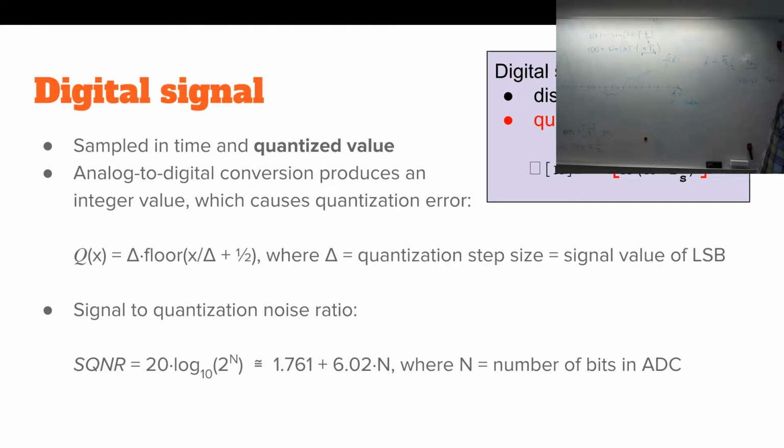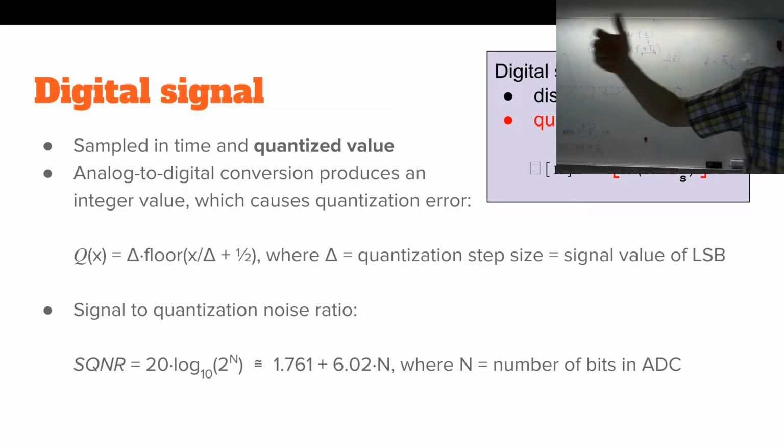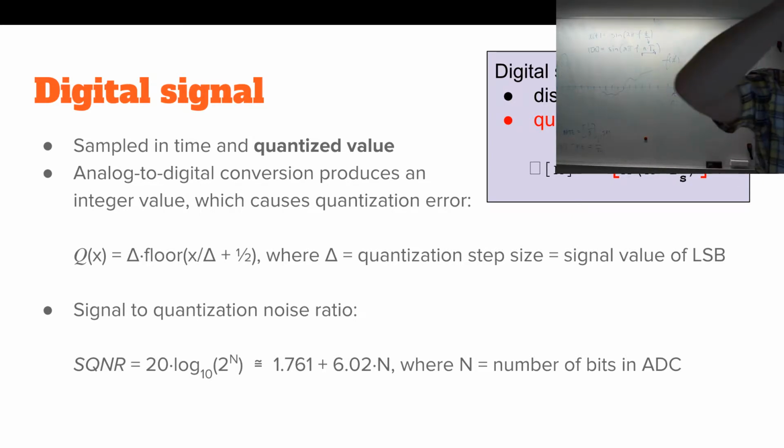It's uniformly distributed noise. It's not Gaussian, which would be kind of easy, but it's uniformly distributed noise around the real bit. That brings us to the quantization error, and to the term signal to quantization noise ratio, SQNR.